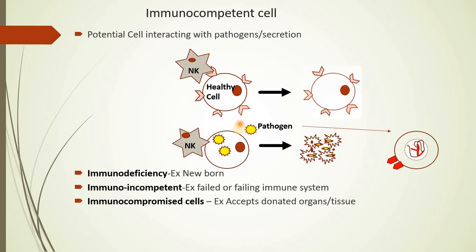Correct? Sometimes the infected cell will release its secretion outside the surface. Suppose the pathogen is a virus. You are familiar with the fact that viruses use the machinery of the host cell nucleus, and they start synthesizing proteins, and those proteins are expressed onto the surface of the host cell.